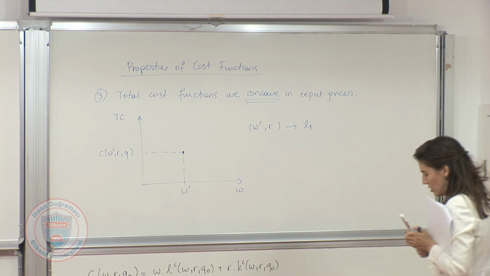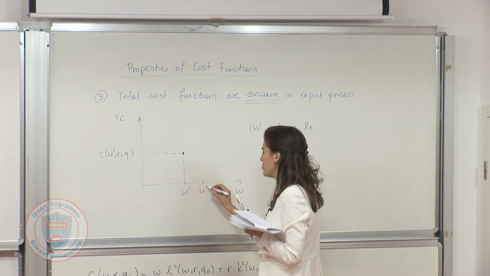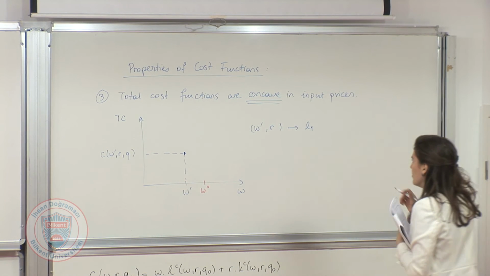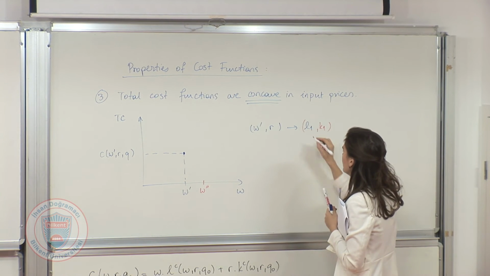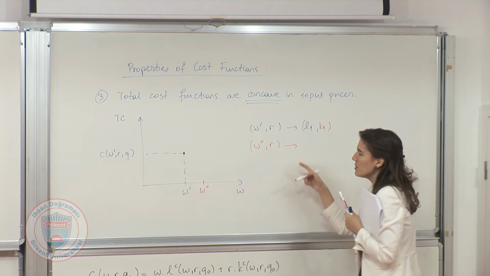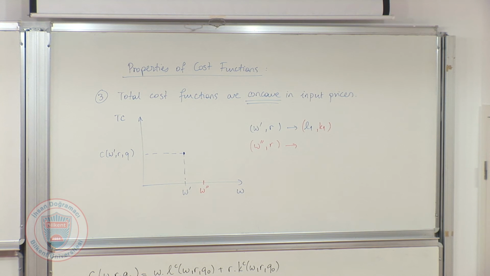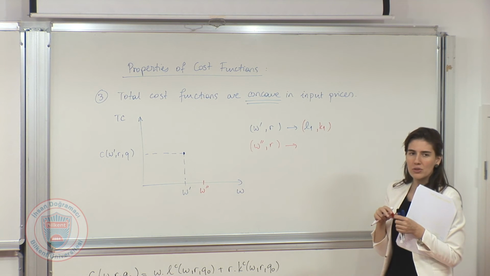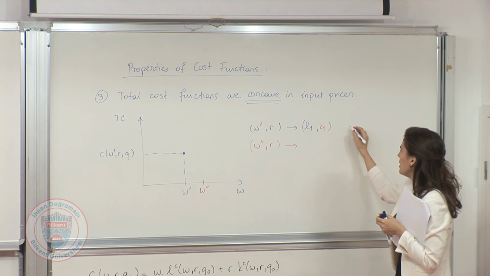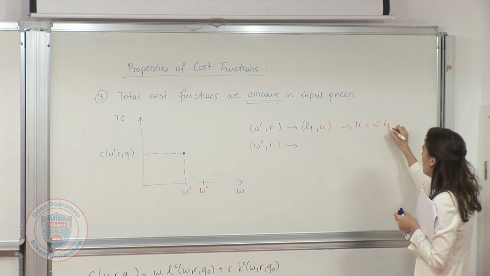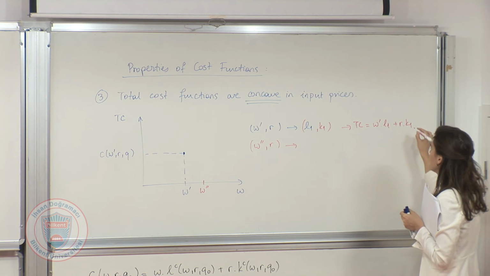Now suppose the price of labor increases to wage double prime, w''. So my total cost was w' times L1 plus r times K1.